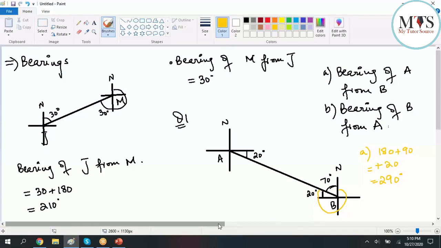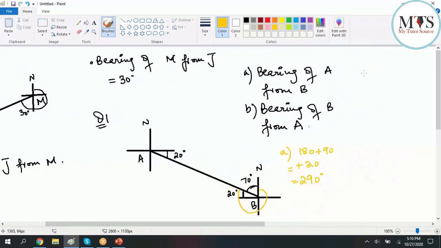Then what about part B? Wouldn't it be 110? How 110?